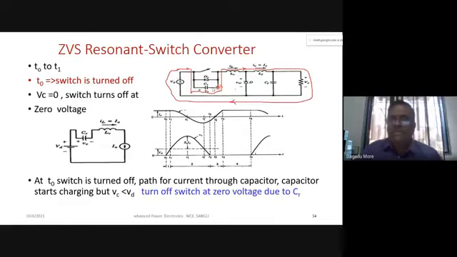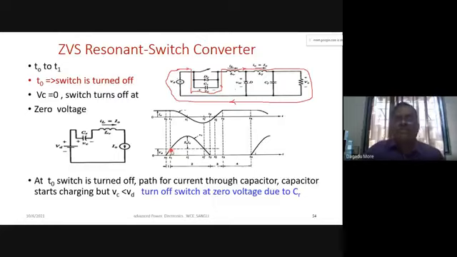We have seen that initially the voltage across the capacitor is zero, we have shown the path, and the capacitor will start charging up to T1.